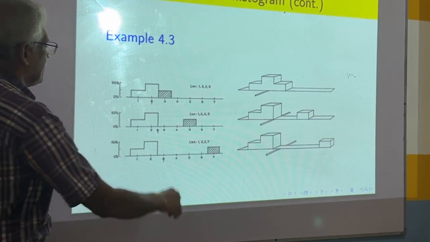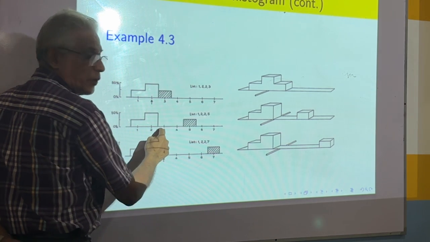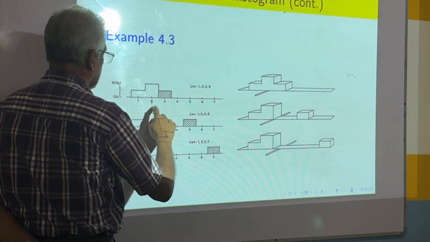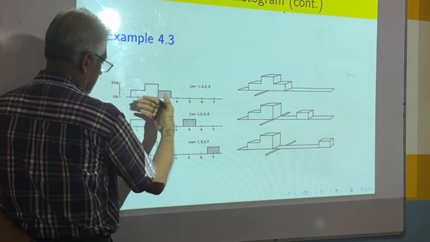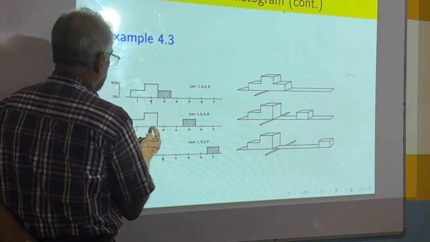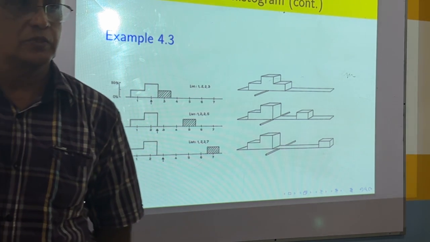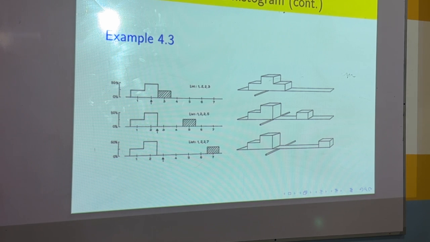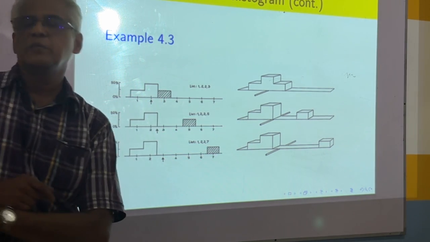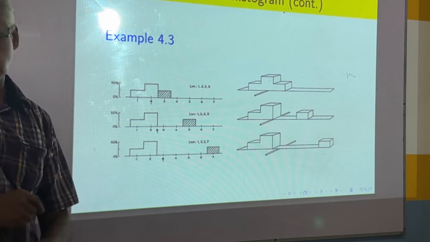So it will be 1 times 1.5, minus 2 times 0.5, and then 1 times 1.5. That will be cancelling out to get 0. So therefore you can see the moment around that point is actually 0, and the mean is also the same point. And similarly, for this picture also you can show that.